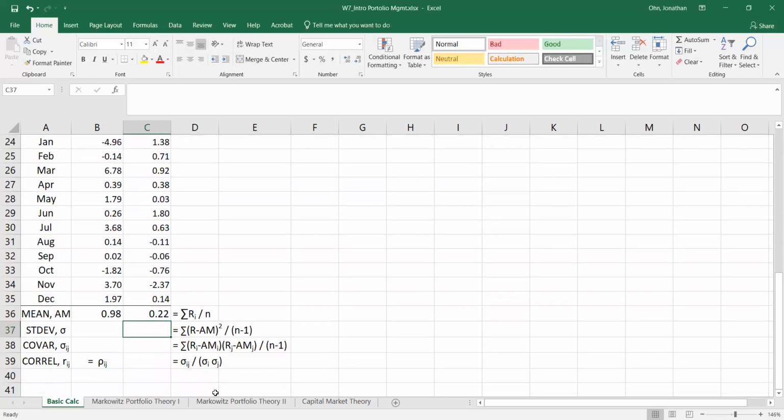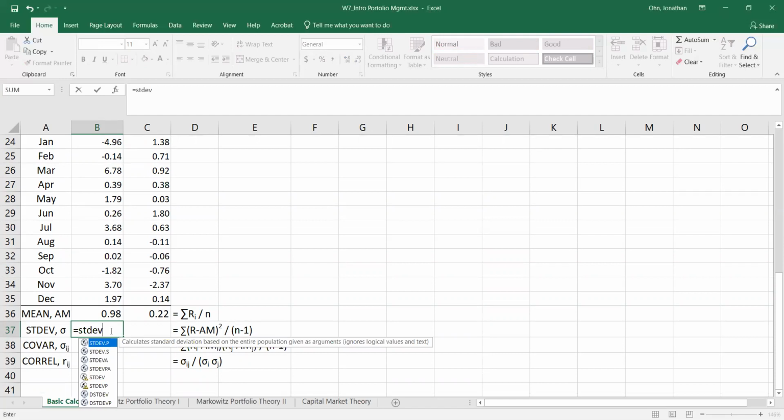So let's calculate the standard deviation, the risk measure, and see whether it supports that risk-return trade-off or not. Standard deviation for the S&P 500. Actually, if you have a small sample, you could use the sample standard deviation.